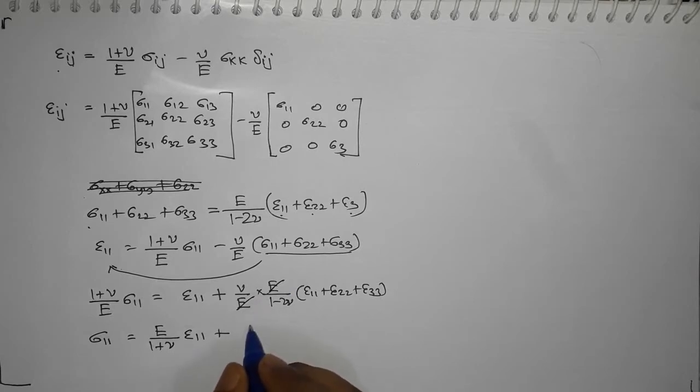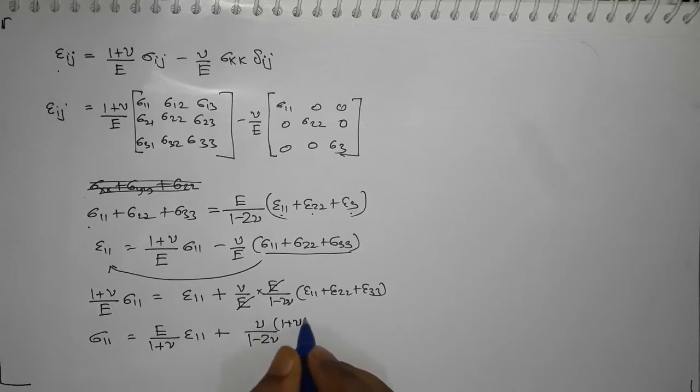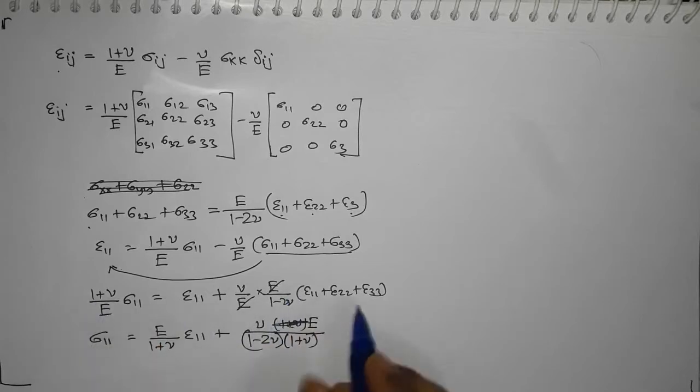So this becomes mu divided by 1 minus 2 mu, and then you have 1 plus mu coming from this side. Sorry, you will have E divided by 1 plus mu, right? So this will go up, this will go down, and then the summation of epsilon II.